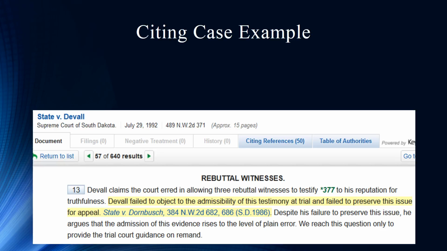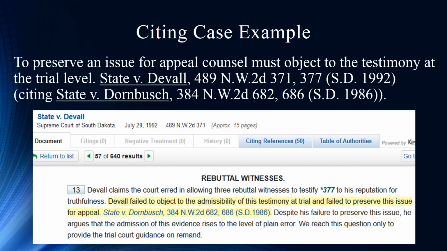In State v. Duvall, I want to use the highlighted language shown here on page 377 of the opinion. After the highlighted portion of the text, notice that the Duvall case includes a citation to page 686 of the State v. Dornbush opinion as authority for that same sentence. This is what the citation would look like.